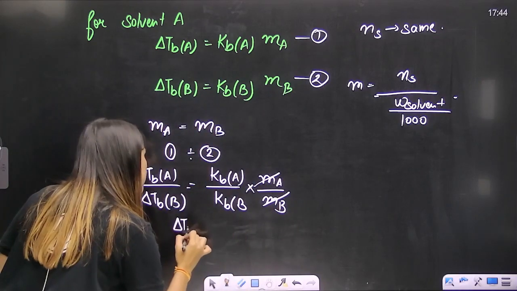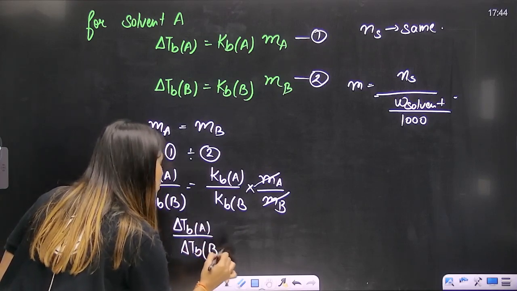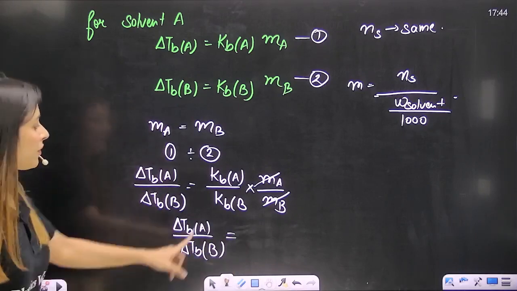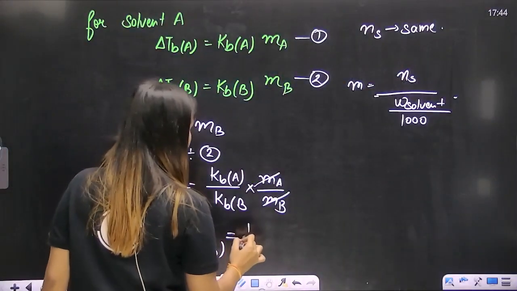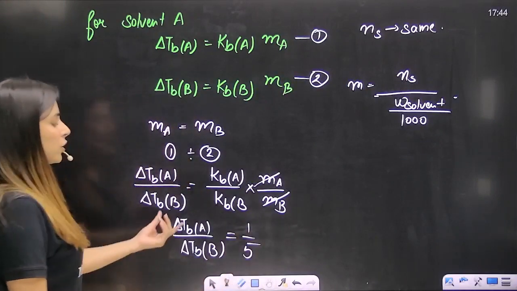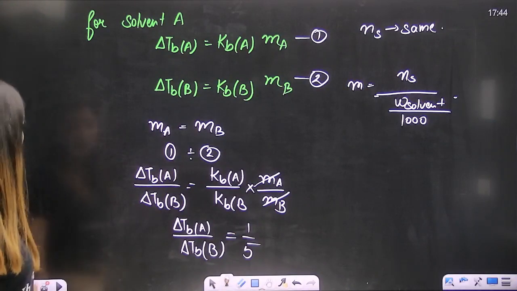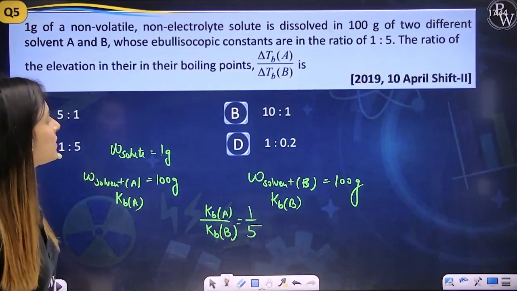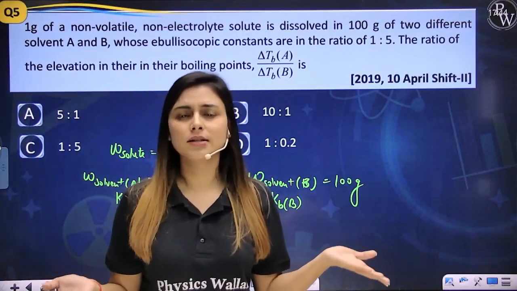So delta TB of A by delta TB of B will be equal to the Kb of A by Kb of B ratio you were given, which was 1:5. So this is equal to 1/5. So what is the ratio of these two? 1:5. So this is your correct answer. You were asked the ratio only. It is 1:5. Such an easy question, right?